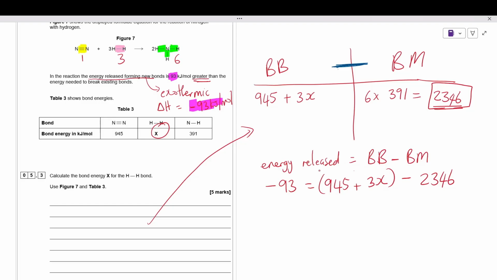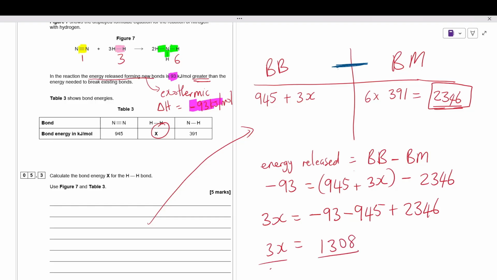And then I can just rearrange this equation just to ensure that I have x on one side. So my 3x is equal to negative 93 minus 945 plus 2346. And that's going to give me an answer of 1308.